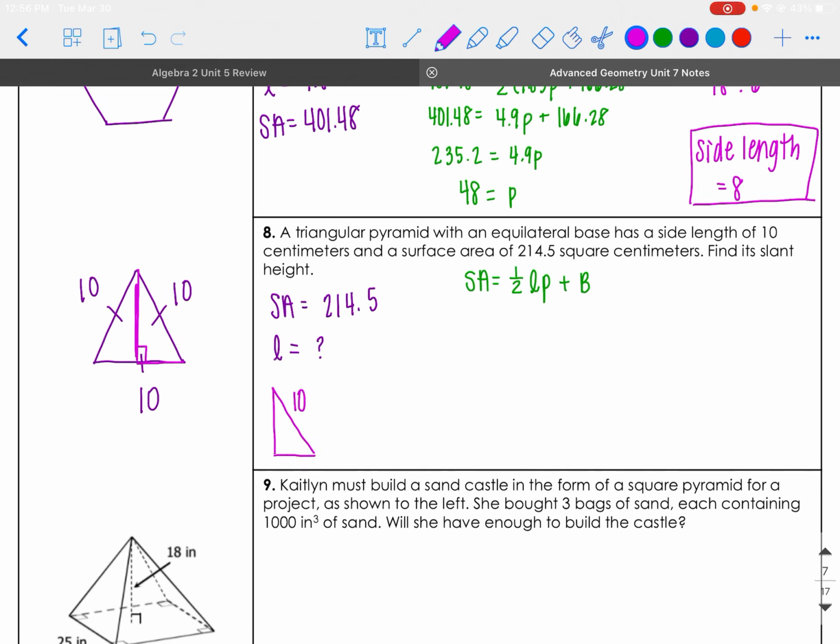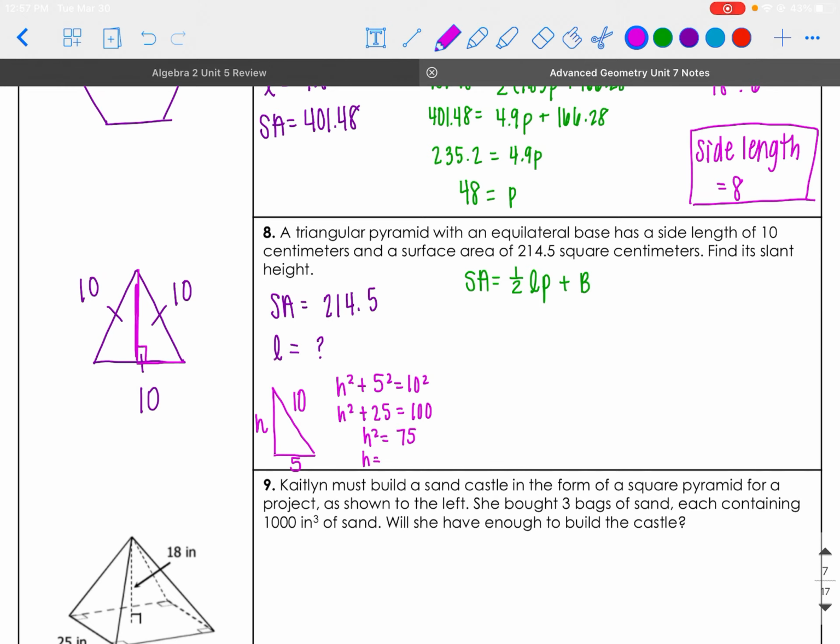So this is 10, 5, and this becomes the height of my triangle. So Pythagorean theorem. Subtracting 25 gives me 75.